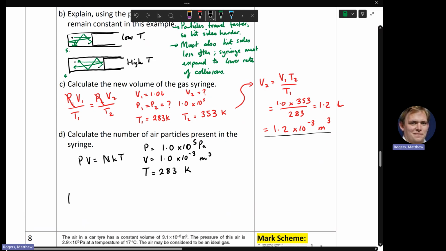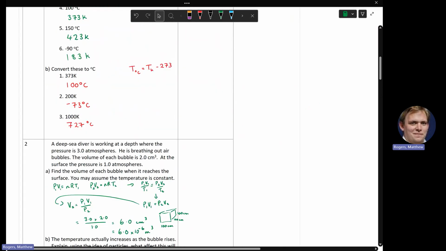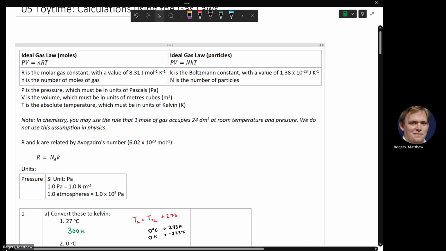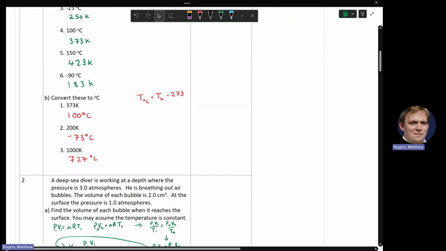So I'm going to rearrange this. Number of particles is equal to PV over kT. So that's 1.0 times 10 to the 5 multiplied by 1 times 10 to the minus 3, divided by k. His value's gone out of my head. It's at the top of the page, isn't it? 1.38 times 10 to the minus 23.